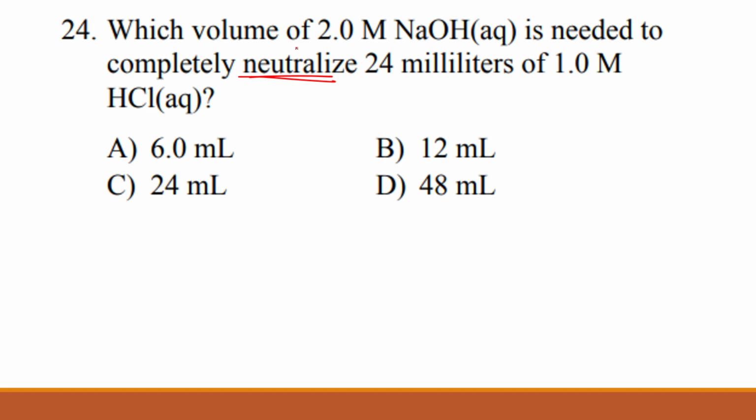If we look at the pieces that they give us, a molarity, a second molarity, a volume, and they ask us for a volume. All right, so this is all the pieces we need to plug in to our equation.